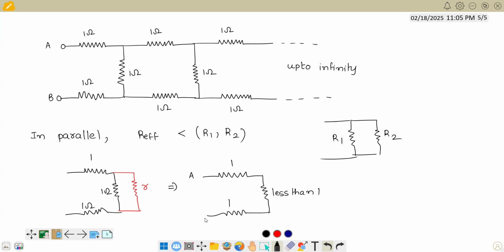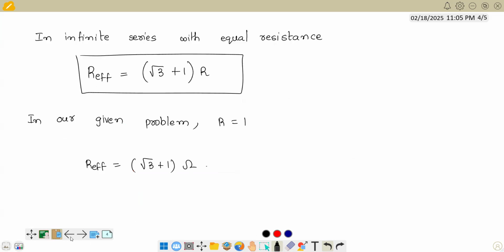So this is A and this is B. Now if I want R effective across A and B, it will be 1 plus another 1 plus something lesser than 1. It would be some positive number only. So 2 plus less than 1. So it would be 2 point something. My answer has to be 2 point something, but I definitely know it has to be greater than 2.